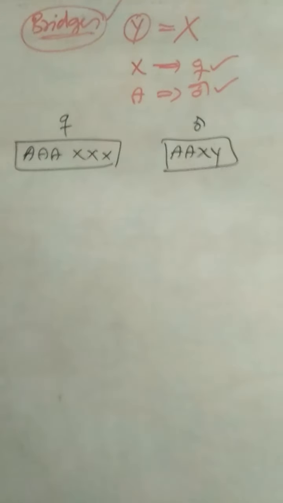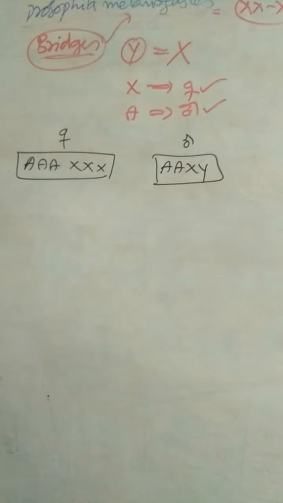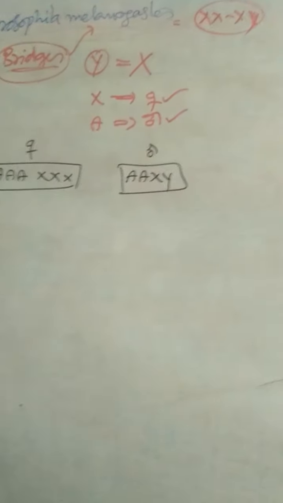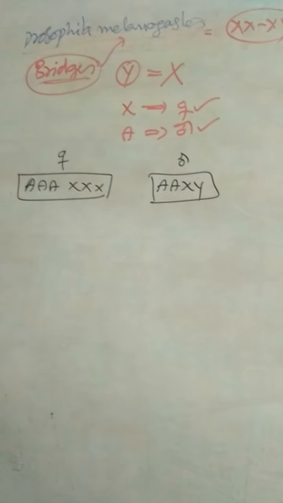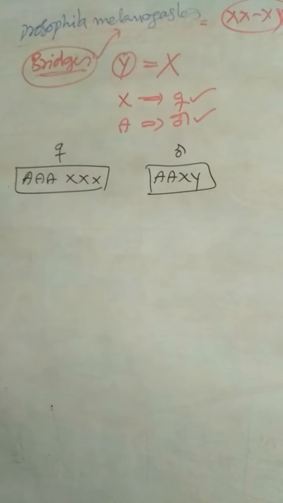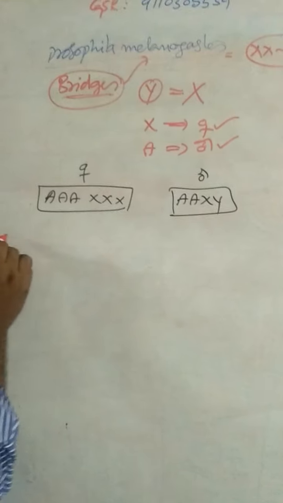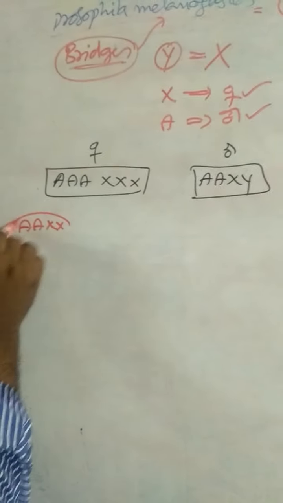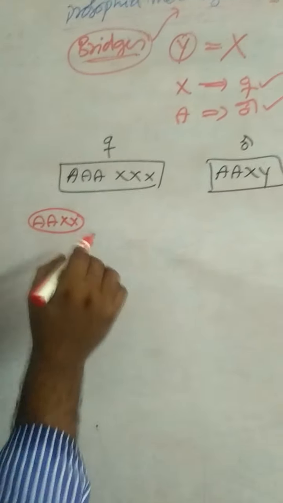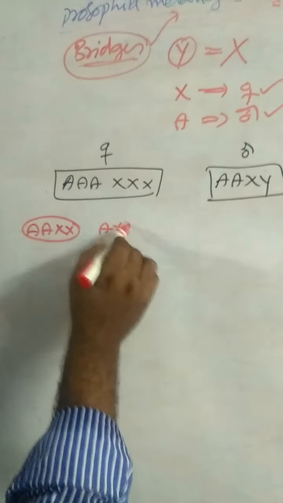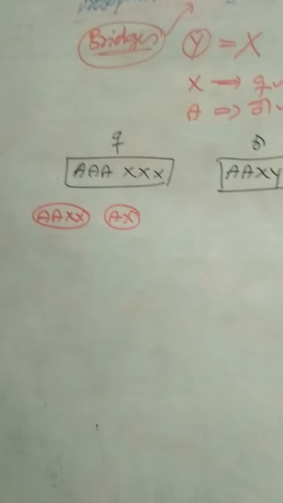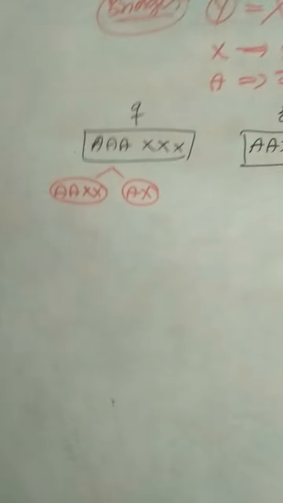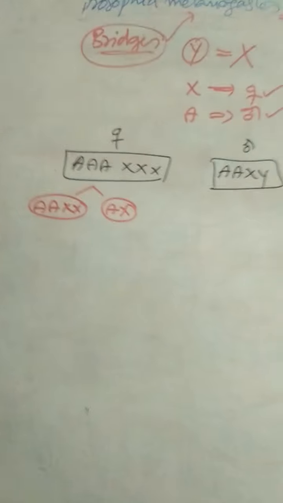The triploid female produces gametes with two autosomes and XX, or one autosome and one X chromosome.